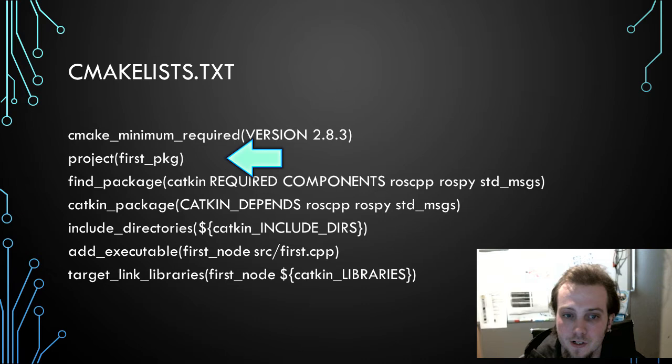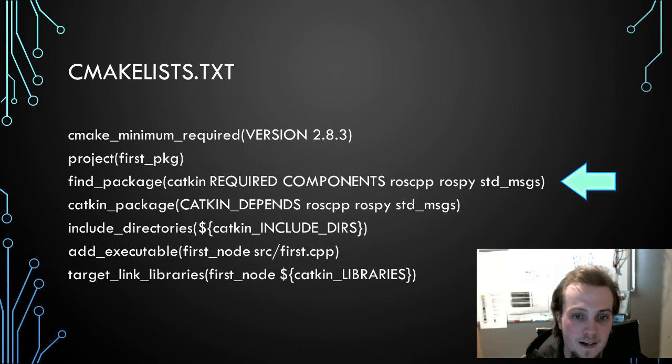created this package. The third line is find package. This is the packages that are dependent, and this installs the dependent packages if they can be found, and if not, there'll be an error. Now these are all the three packages that we said were dependent beforehand.